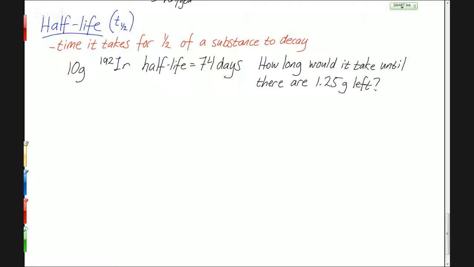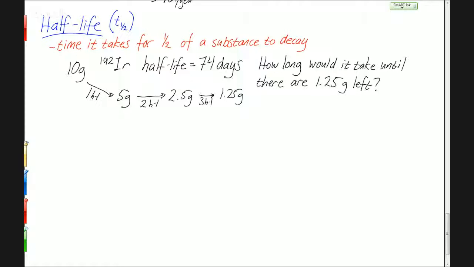So I usually just draw a little map with arrows. So 10 grams, 1 half-life gets us to 5 grams. Another half-life gets us to 2.5 grams. And another half-life gets us to 1.25 grams.